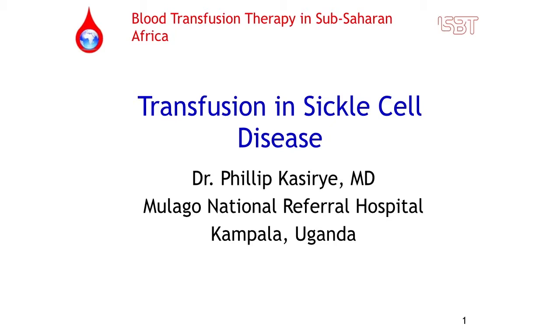So it's not very good news to get that many patients each month, but maybe it's because of the alertness, the awareness of the burden that is going on. So I'm happy to be here and present to you some few aspects of transfusion in sickle cell.